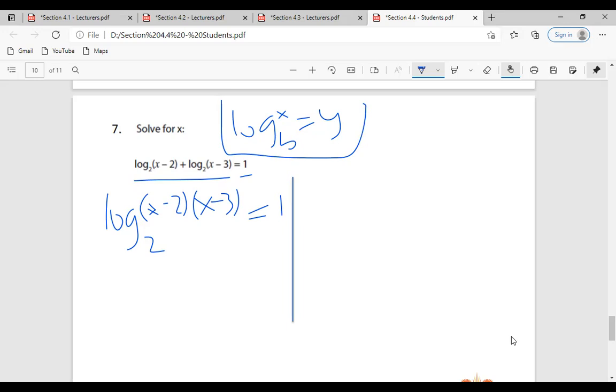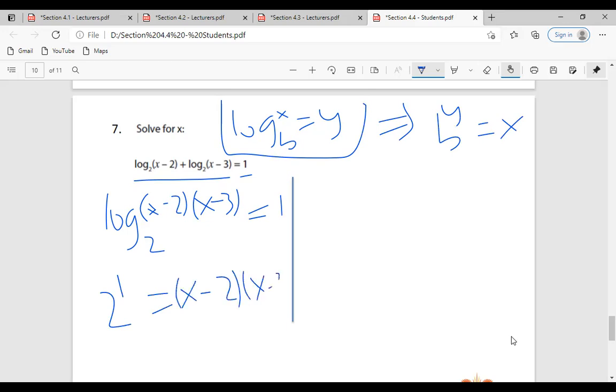Correspondingly, if I have this form, then it simply means that b to the y is equal to x. Therefore, 2 to the power 1 is equal to (x minus 2) times (x minus 3).